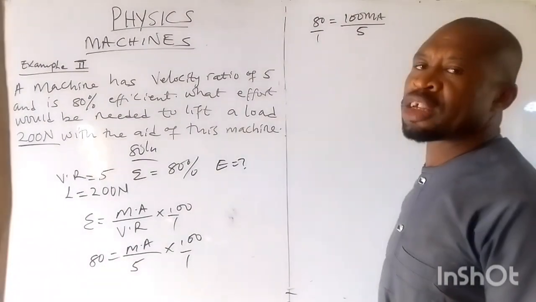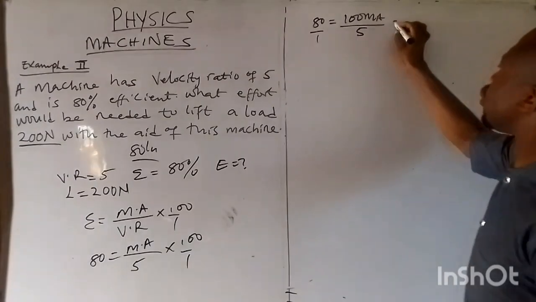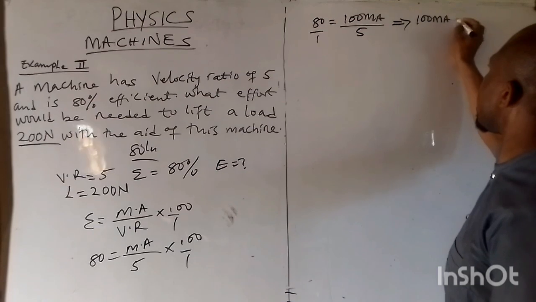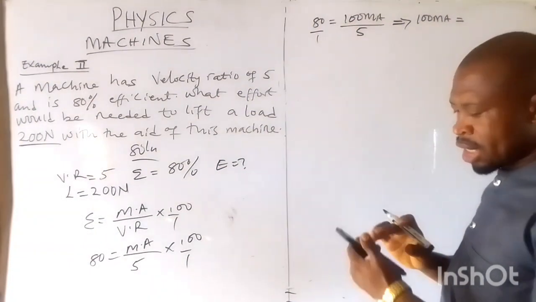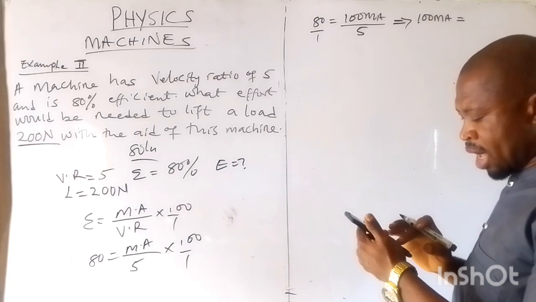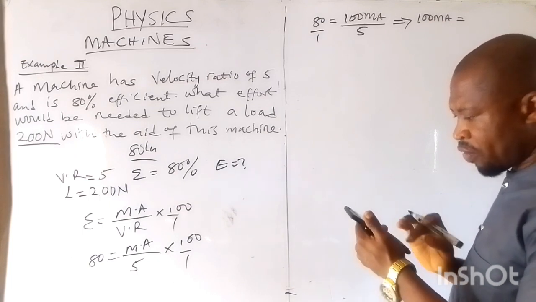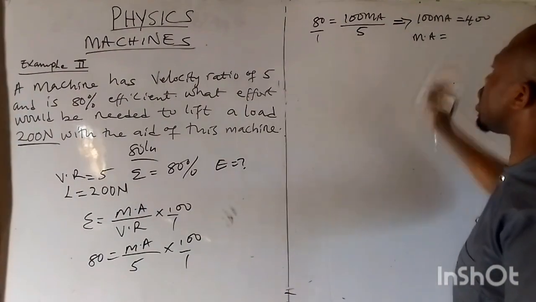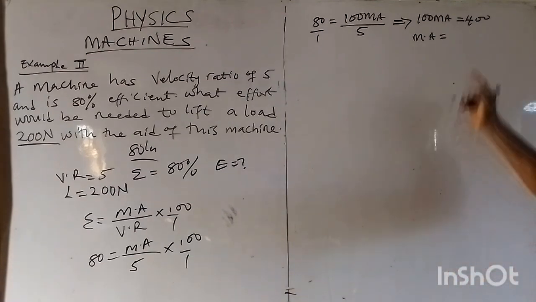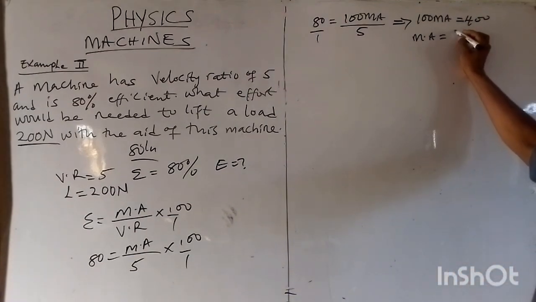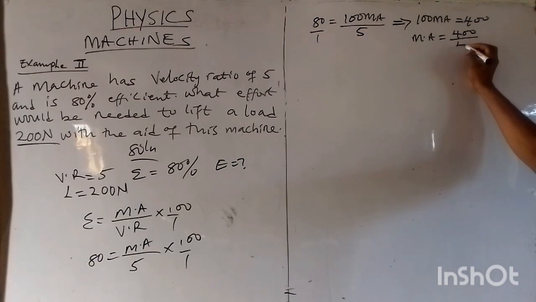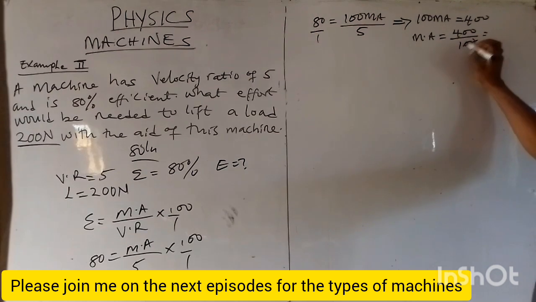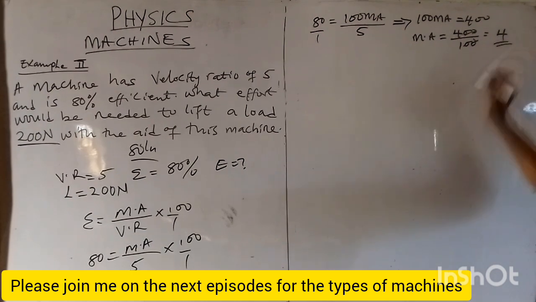You can cross multiply at this point. 1 times 100 will give us 100 MA, which is equal to 80 times 5. And if we do that, 80 times 5 will give us 400. Therefore, make MA the subject here, we'll have 400 all over 100 will give us that the mechanical advantage is 4.